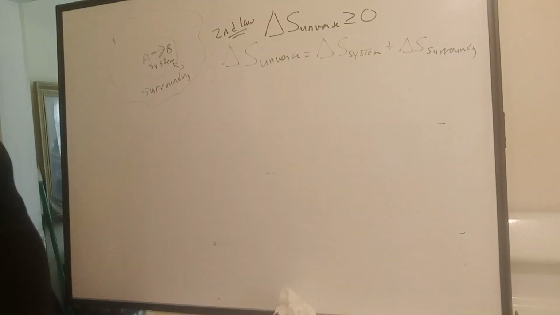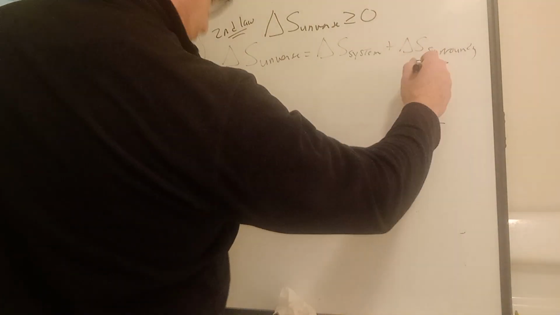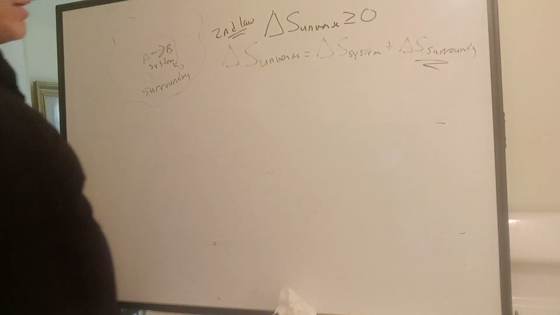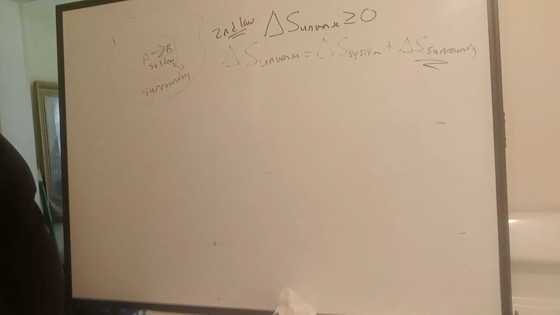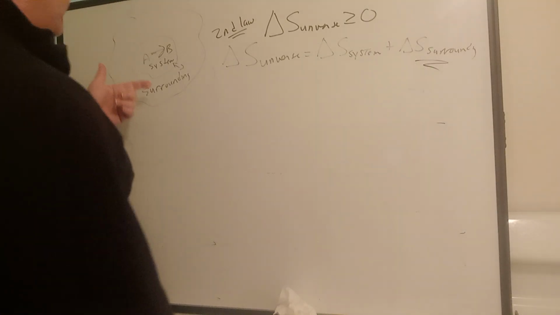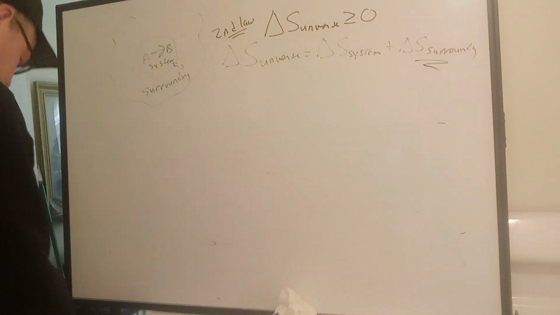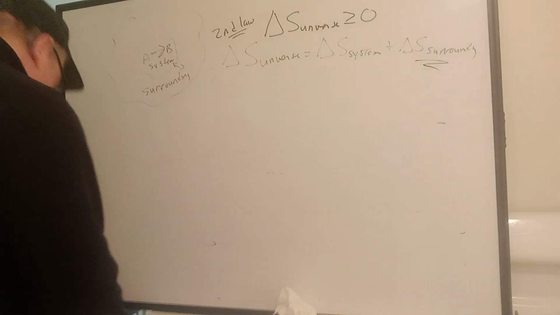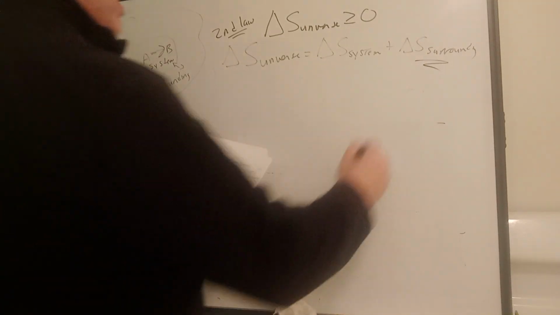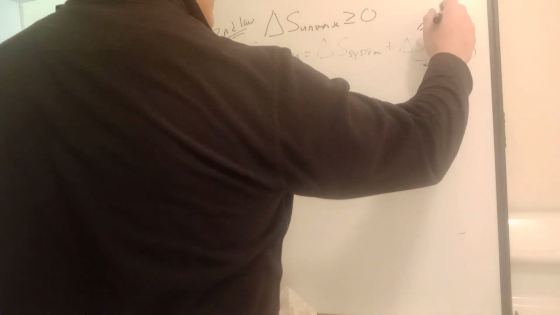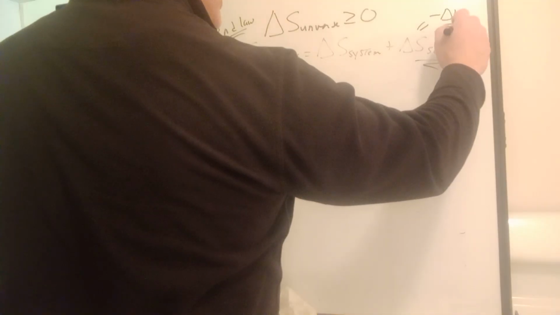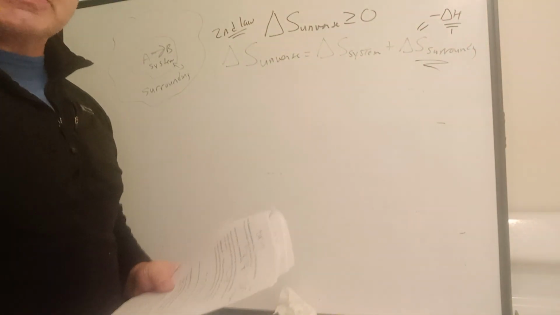The problem is closure on the surroundings. How to get numbers for that, because it's hard enough to measure things in the system, the chemical reaction. To measure the heat transfer to the surroundings is difficult. So we already have a relationship for a reversible process for this. We just said earlier that this was equal to negative delta H over T. That's a system variable.